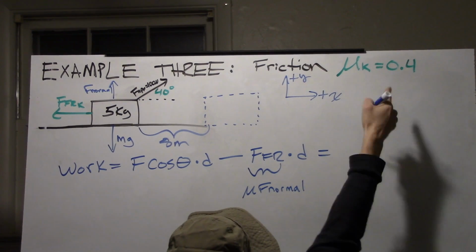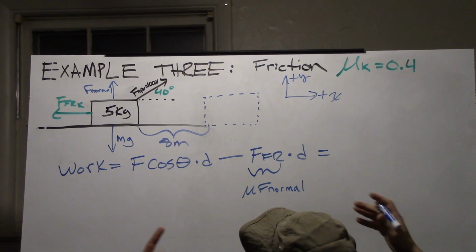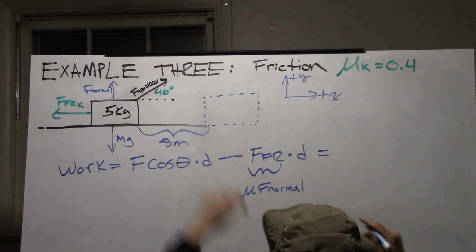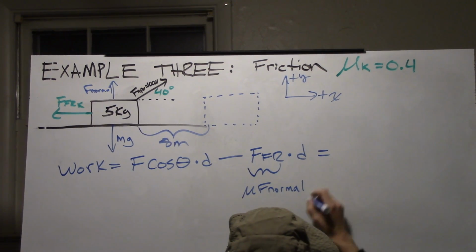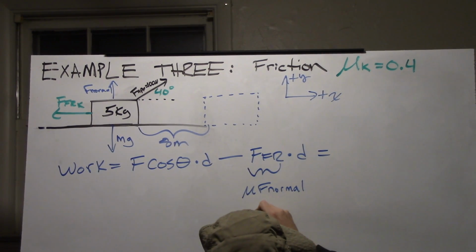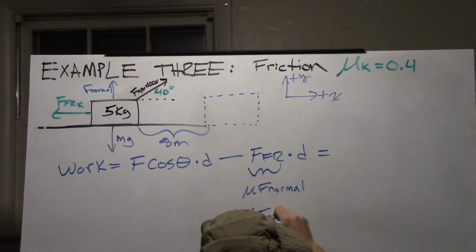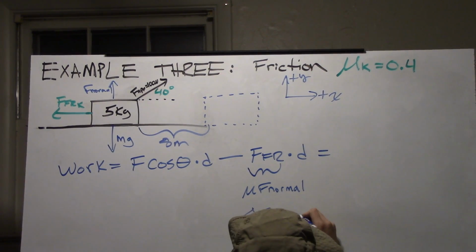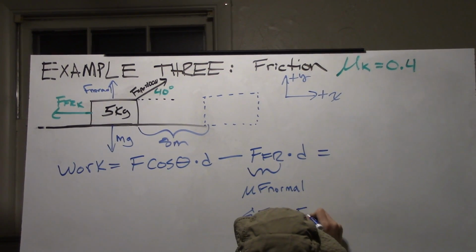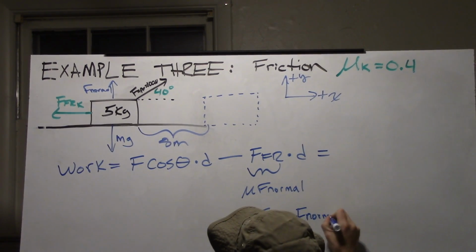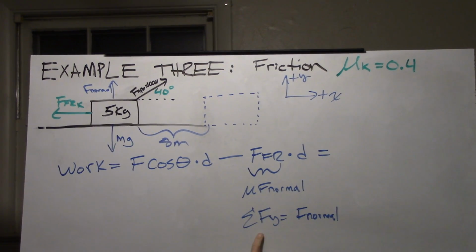Okay, mu is 0.4. Well, what is force normal? It's not just mg. If we sum the forces in the y direction, we've got force normal in the positive direction. This is the net force, the number of pushes and pulls in the vertical direction.